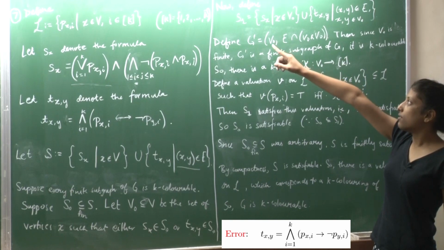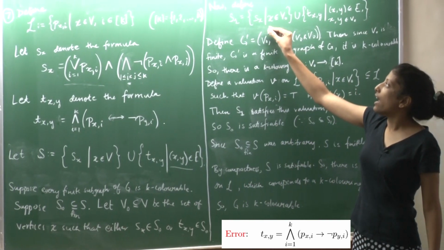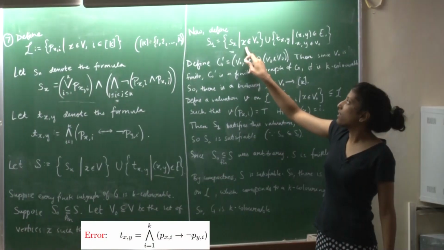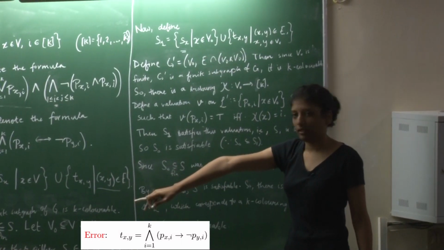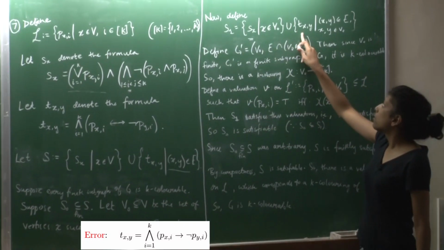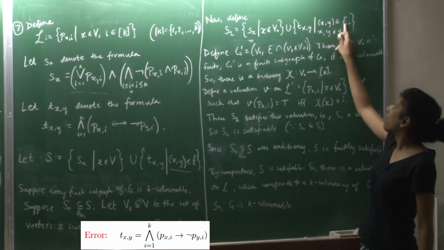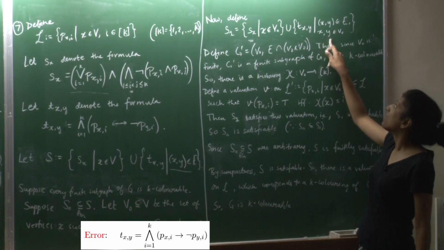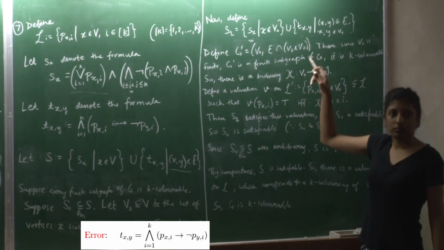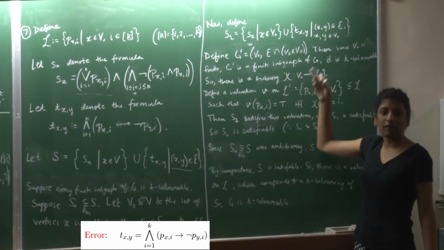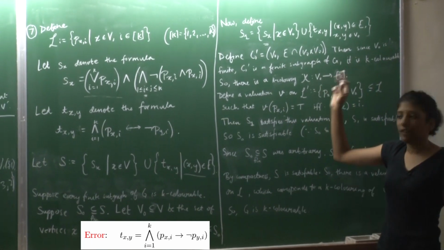So you define S1, which has all Sx where x is a vertex in V0, and it also has all the edges that are in E such that both vertices lie in V0. Is this a valid subgraph? I've just enlarged it.